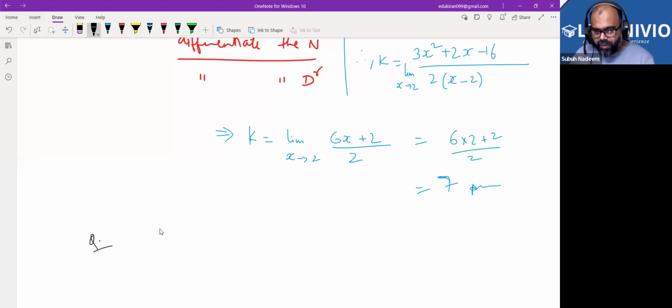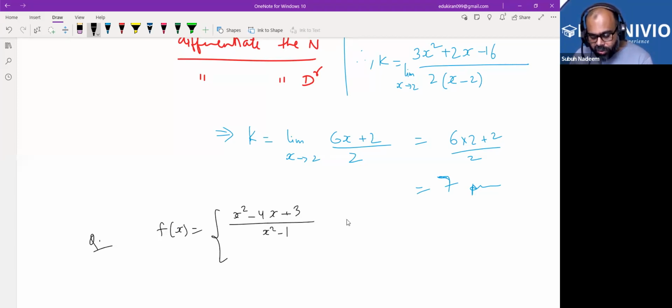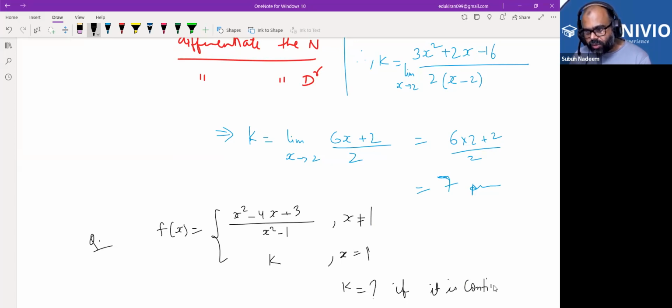We have to find the value of k if it is continuous at x is equal to 1, and it is given as x square minus 4x plus 3 by x square minus 1 if x is not equal to 1, and k if x is equal to 1. So you need to find k if it is continuous at x is equal to 1.